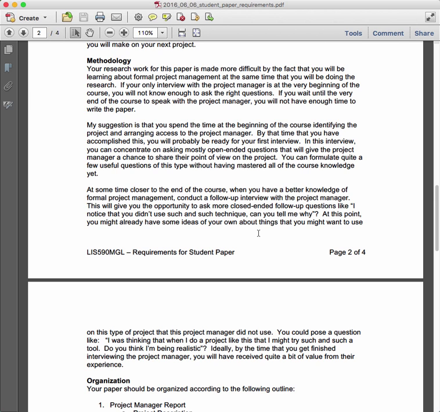But the follow-up interview gives you the opportunity to really ask about all the details that weren't quite clear the first time that you talked, either because it's hard to get all the details from somebody the first time you interview them, or because you were still learning all this stuff and you might not have understood all the tools or the techniques or the terminology. By the time that you're about ready to button up your paper, you should pretty well know all these things.